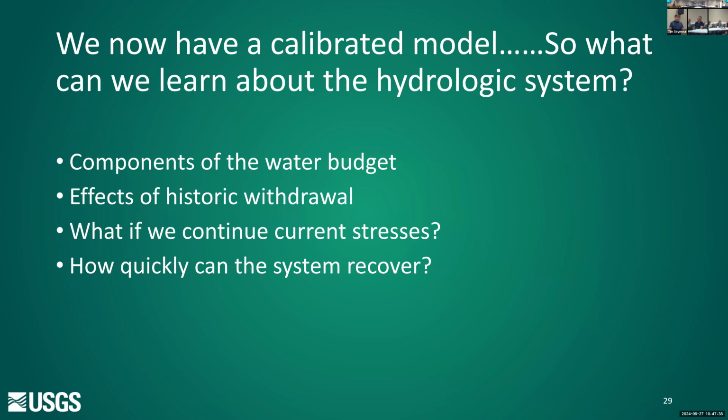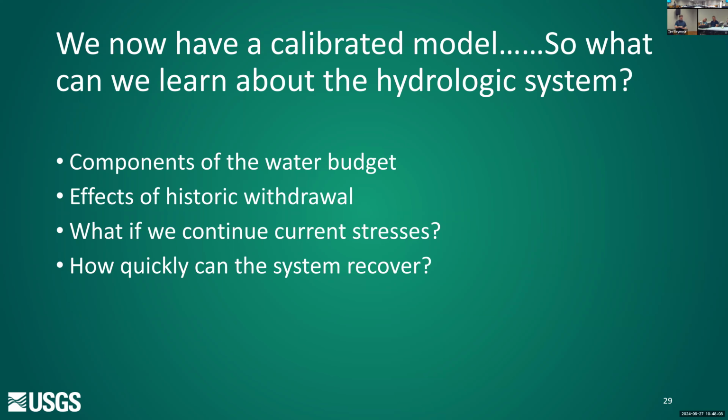All right, so we go through that long process we call calibrating the model. We get to a point and decide, okay, this represents the groundwater system through time. We're able to match what's going on. We could probably spend another 10 years fiddling around, but we're only going to get incrementally better. We pretty much nailed what's going on with the model. Then we can call it calibrated, and use it to learn things about the system.